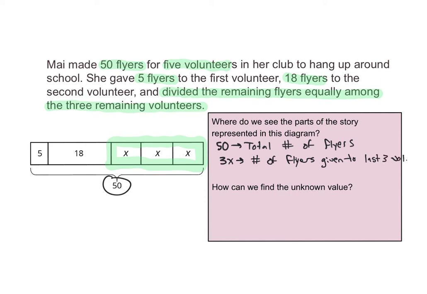And then people noticed that what we had left was this 5 plus 18, which represented the number of flyers already handed out. So we had 5 plus 18, meaning flyers already handed out.